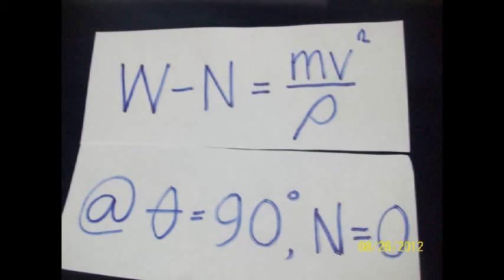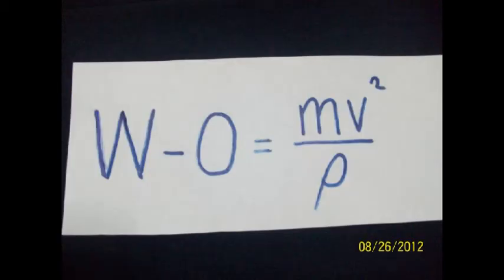And since our problem is asking for the speed at point A, at which our theta is equal to 90 degrees, and it is stressed that the normal force should be equal to 0, what is left is W minus 0 is equal to mv squared over rho.